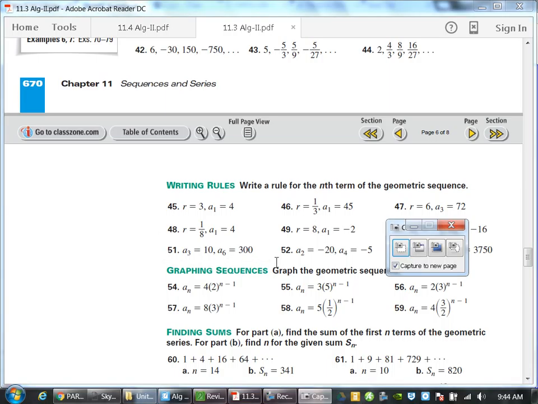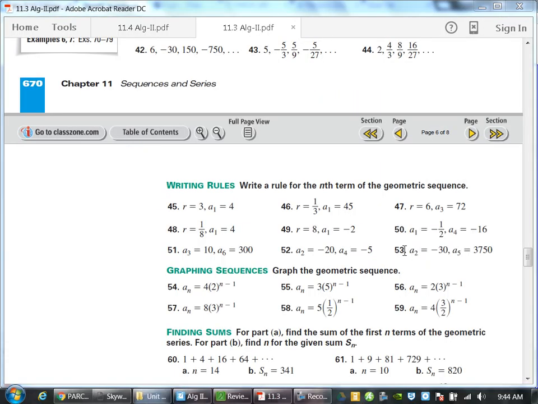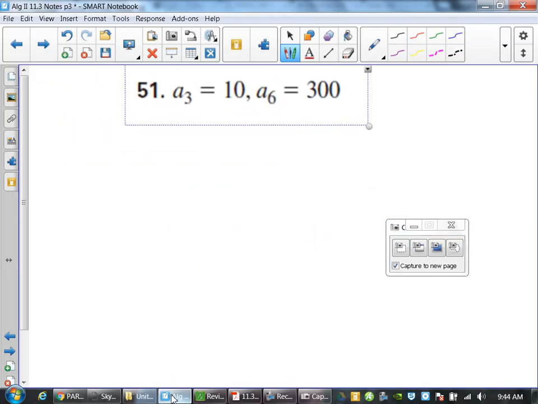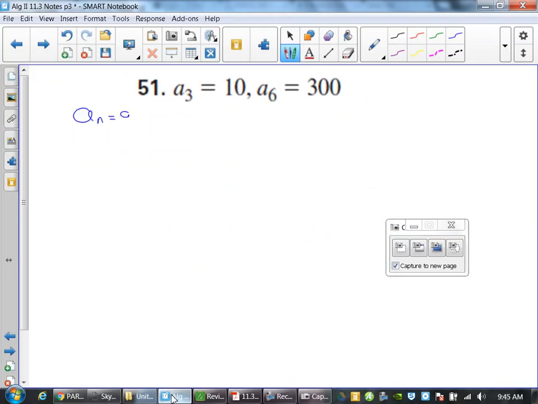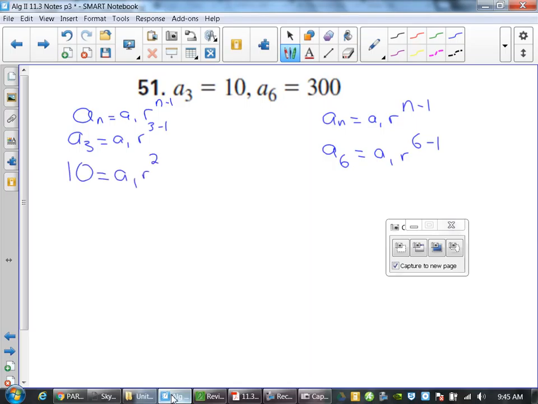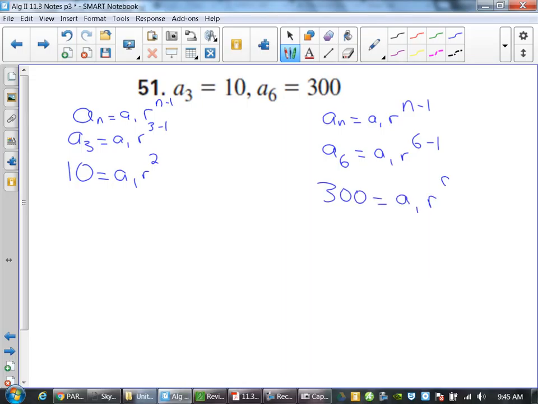So let's look at 51. a sub n is the first term times r to the n minus 1. The third term is the first term times r to the 3 minus 1, and the sixth term is the first term times r to the 6 minus 1. That gives me 10 equals a sub 1 r squared, and 300 is a sub 1 r to the 5th.